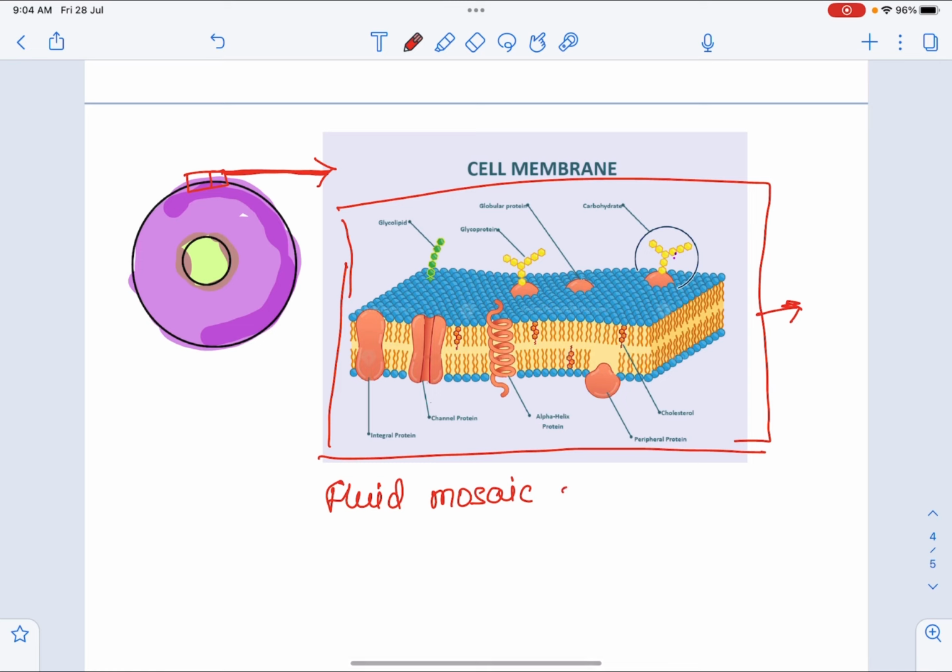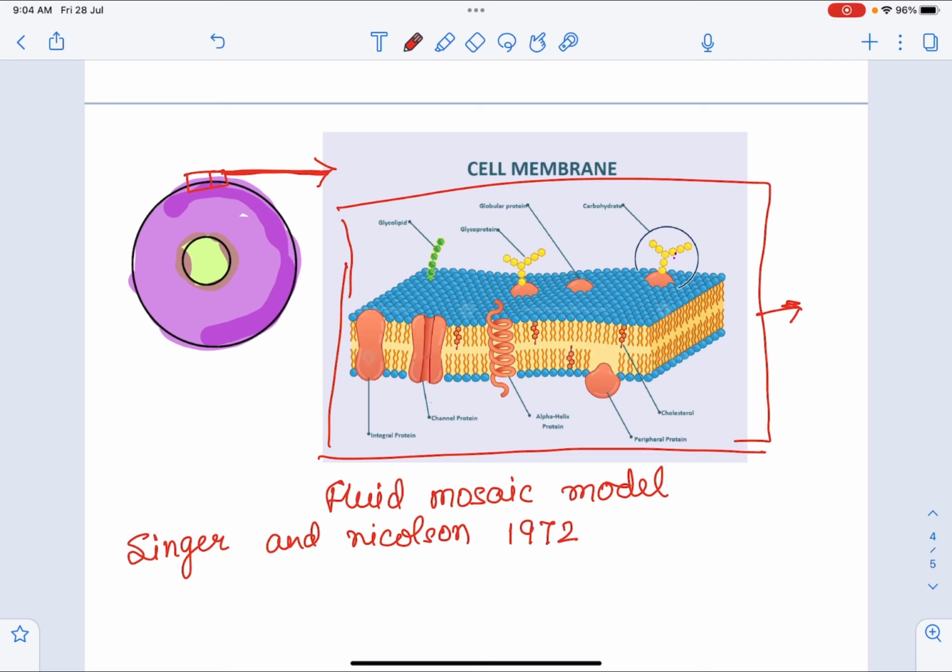The fluid mosaic model was given by Singer and Nicolson in the year 1972. They explained the arrangement of phospholipids and proteins in the cell membrane.